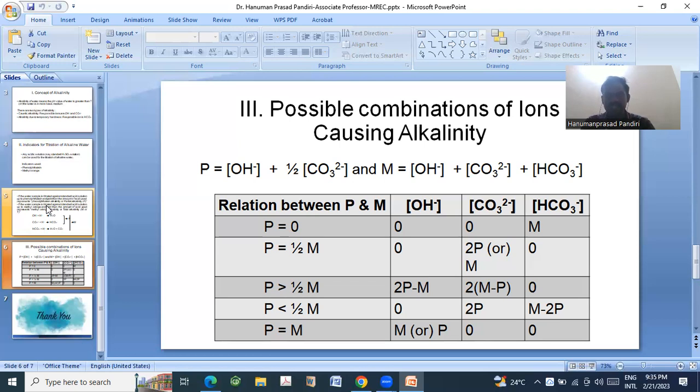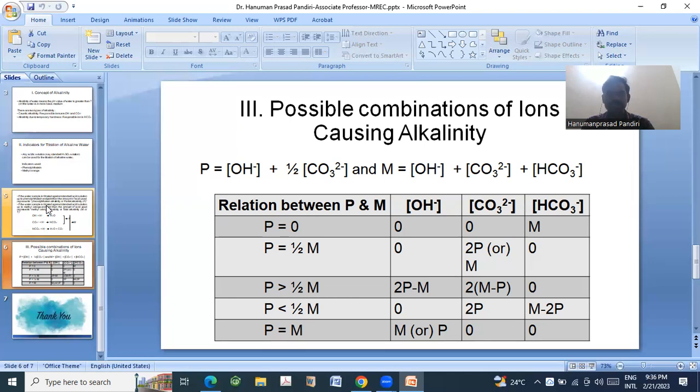Now, P is greater than half M because P has full OH minus concentration and half M has only half OH minus concentration. You know that full OH minus concentration is higher than half OH minus concentration.